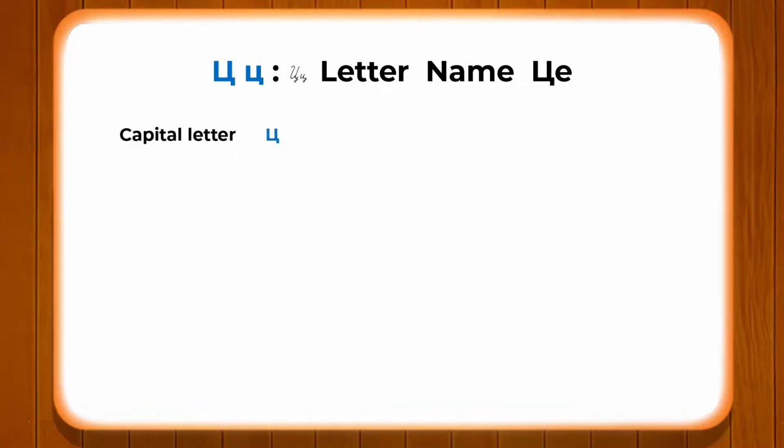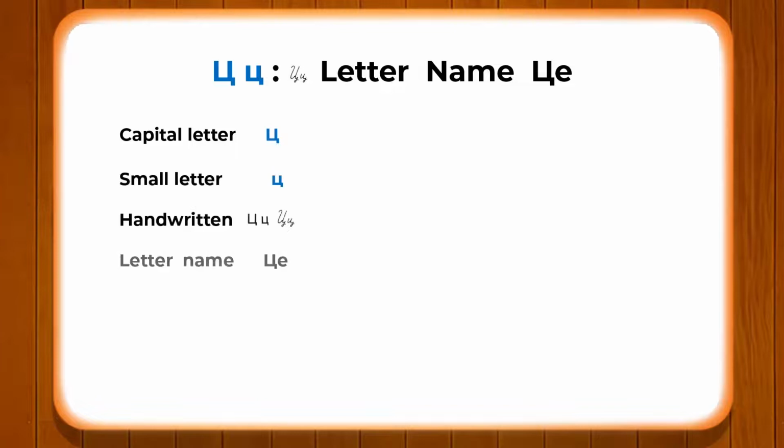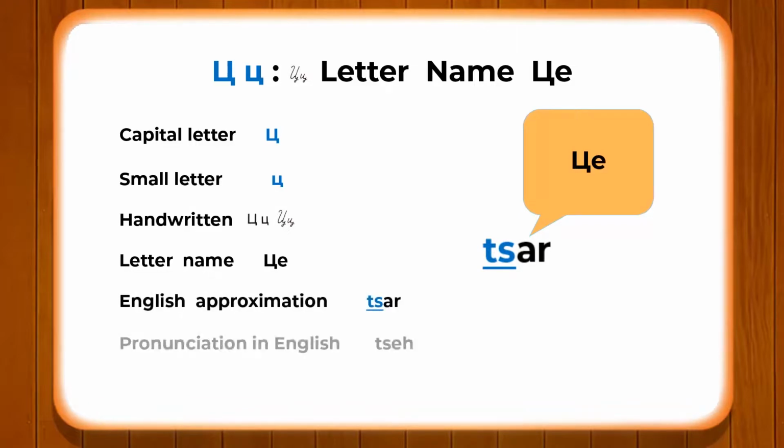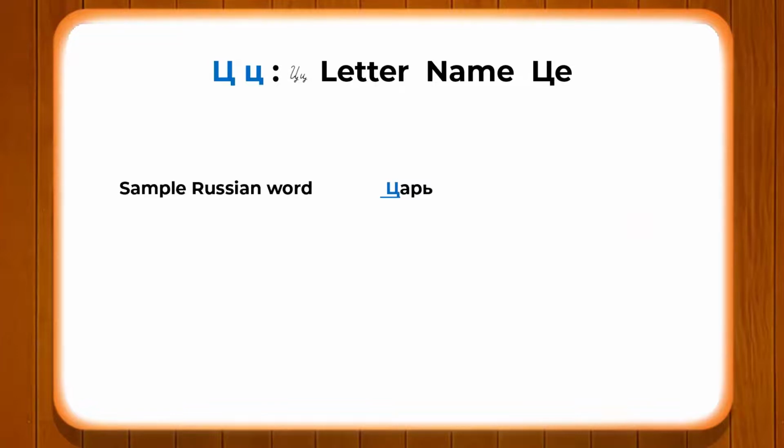Alright, the next letter, another very interesting letter found in the Russian alphabet, is known as Ts. Please pay attention when I am pronouncing the peculiar sound of this letter. You also need to practice as I am pronouncing. The letter's name is Ts, as in the English approximation Tsar, and in the sample Russian word we have used Tsar.